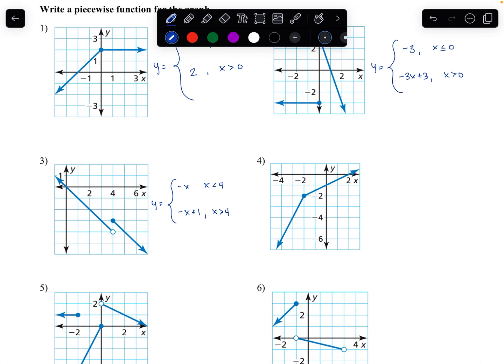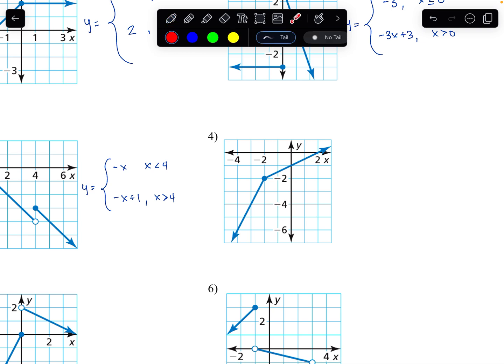Alright, question 4, we have two pieces. The first piece has a slope of, looks like it's going to be 2, and it is positive, so we're going to say 2x. Now we have to consider where it's going to cross the y-axis, so up 2 over 1, and then up 2 and over 1, so that would be at +2 on the y-axis.